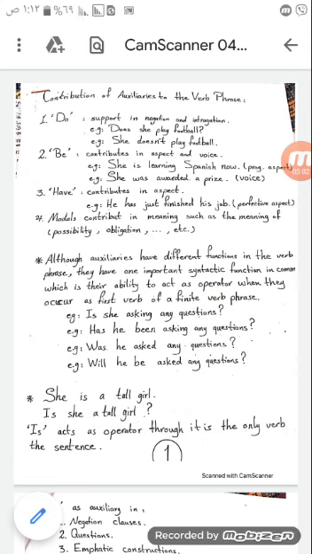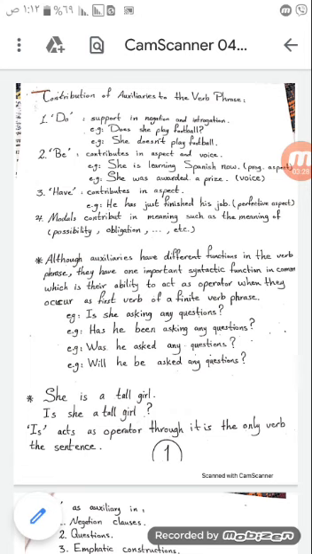Although auxiliaries, look to the following note. Although auxiliaries have different functions in the verb phrase, they have one important syntactic function in common. What is this function? It is their ability to act as operator when they occur as the first verb of a finite verb phrase. For example, is she asking any questions?